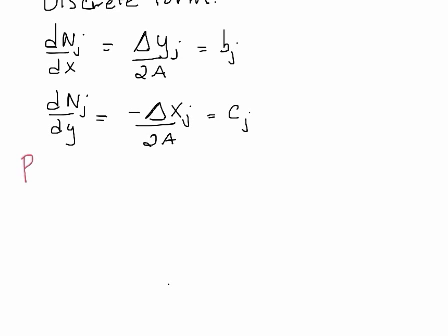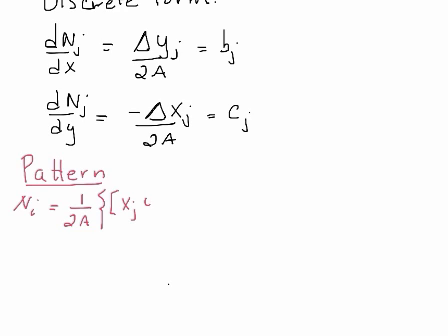So we have a pattern that we're starting to see. That pattern looks like n sub i is equal to 1 over 2a times xj yk minus xk yj plus delta yi x minus delta xi y.